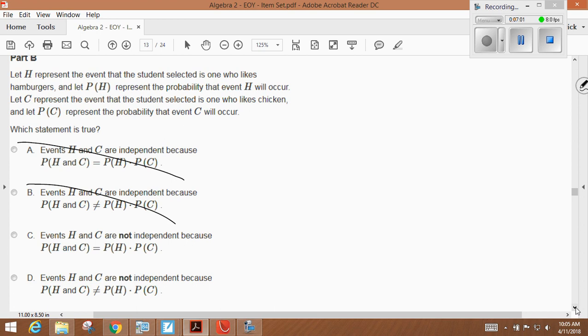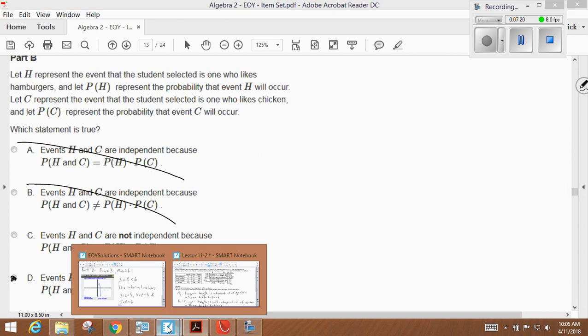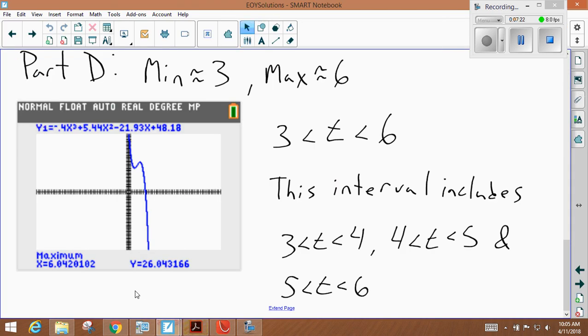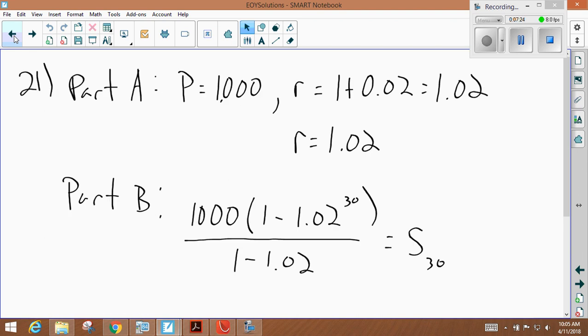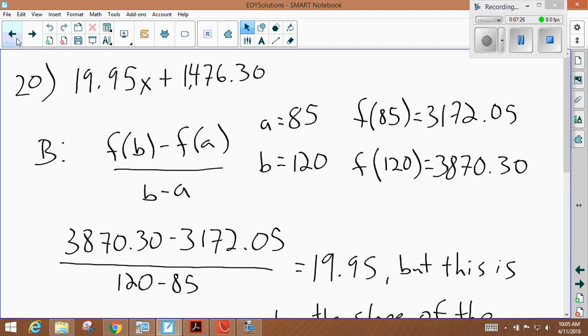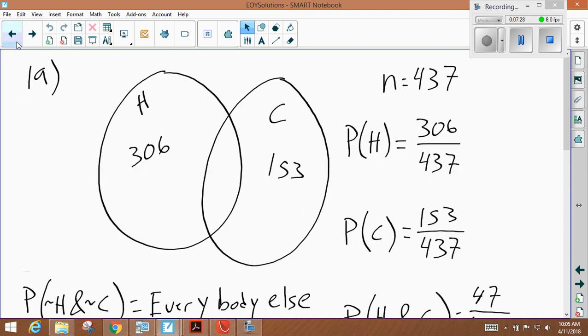It turns out that events H and C are not independent because the probability of H and C does not equal the probability of H times the probability of C. I'm almost positive. I would want a formula for this too if I was you. Here it is. In case you were curious about the formula.